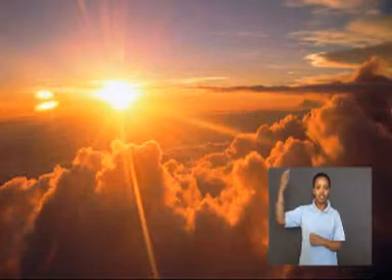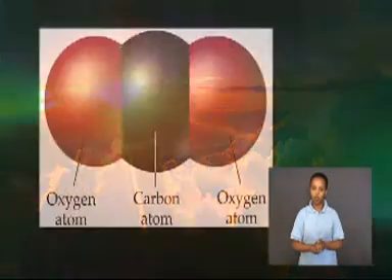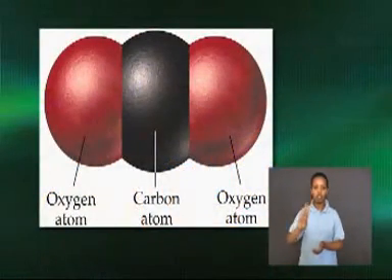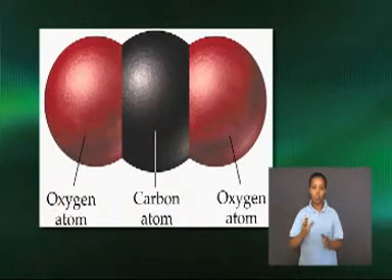Autotrophs are organisms that use sunlight as a source of energy. They also use carbon dioxide as a carbon source. They are able to produce organic molecules from inorganic materials.